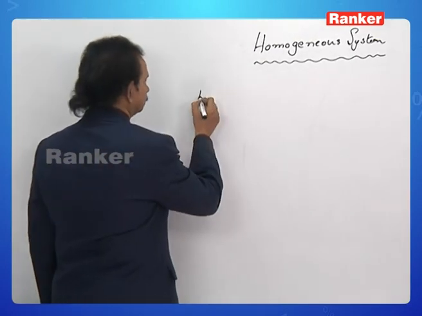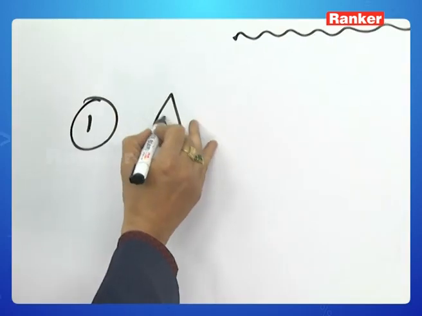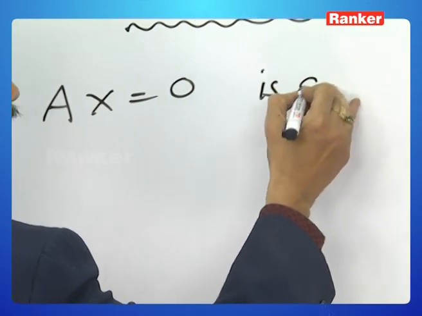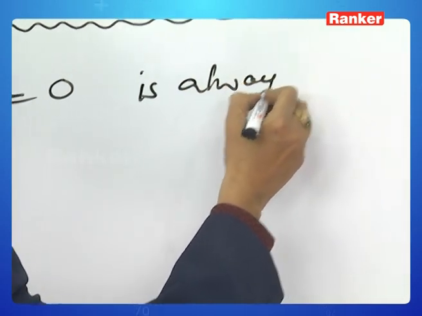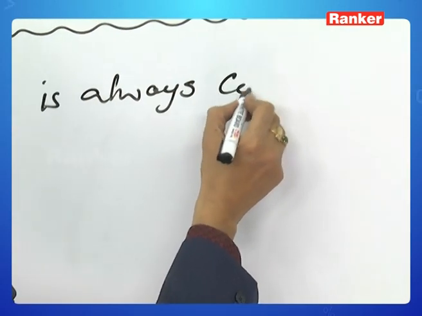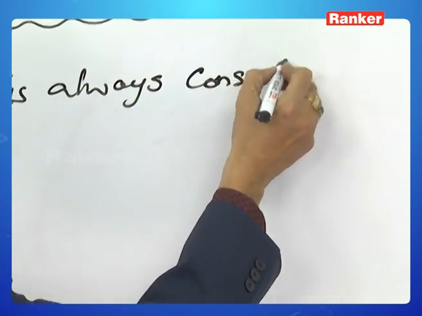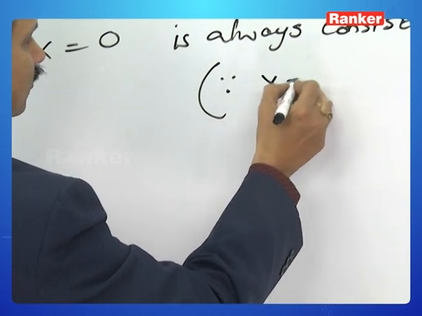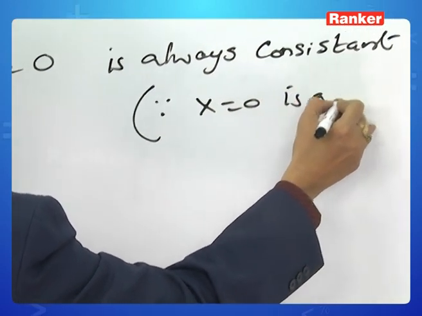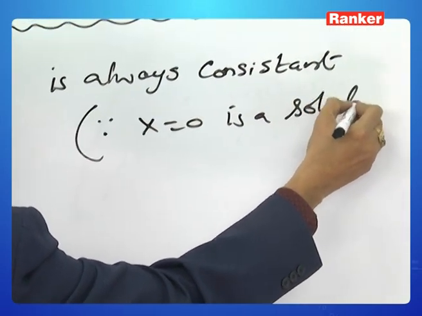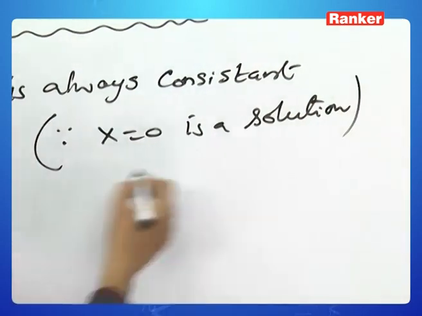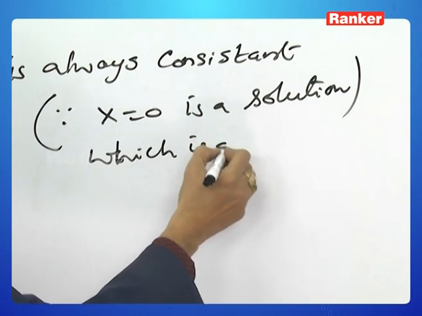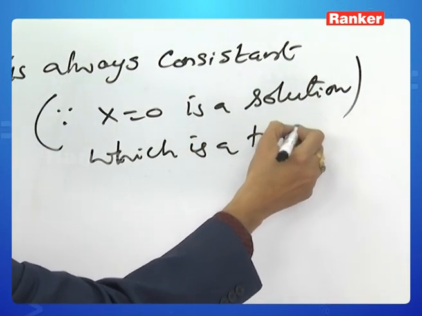Number 1, AX is equal to 0 is always consistent, since X is equal to 0 is a solution, which is a trivial solution.